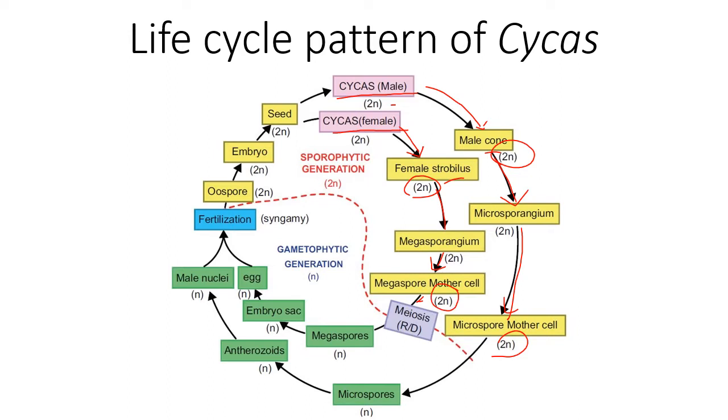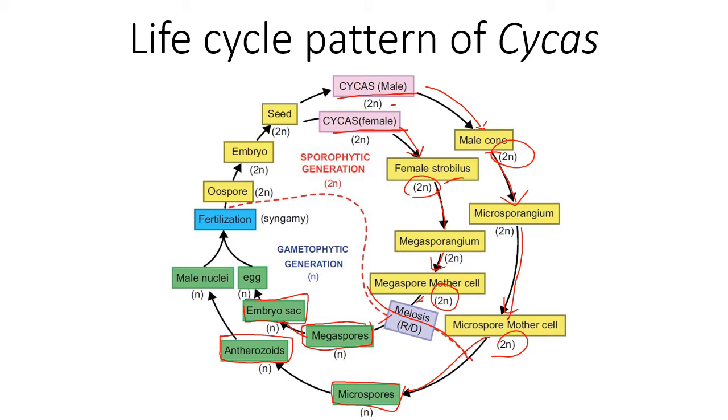Now as they undergo meiosis, that is reductional division, once they underwent reductional division, megaspore mother cell will have megaspores and microspore mother cells will have microspores.